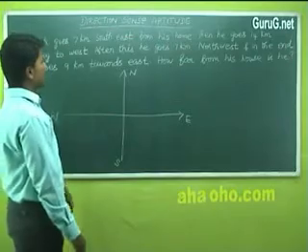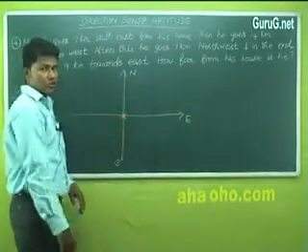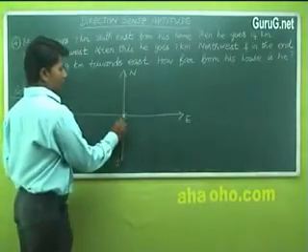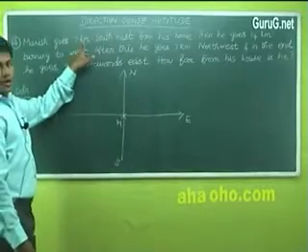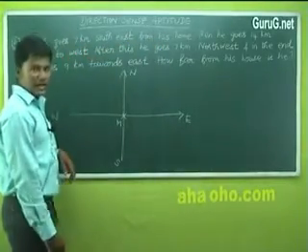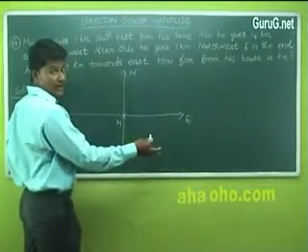So let us take a fixed point. Let Manish's home be situated at the origin. Let us take it like this. This is Manish's house. So Manish goes 7 kilometers southeast from his home. Which is the southeast direction? In between south and east, exactly diagonal.